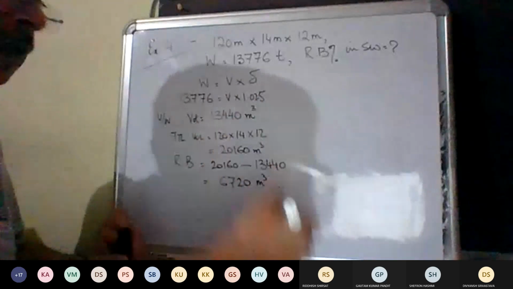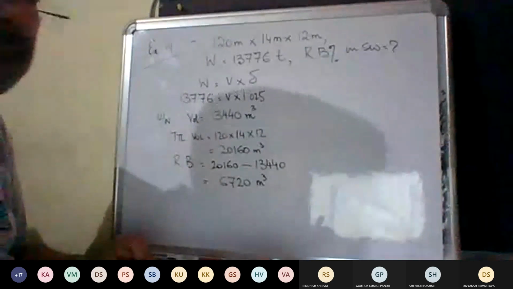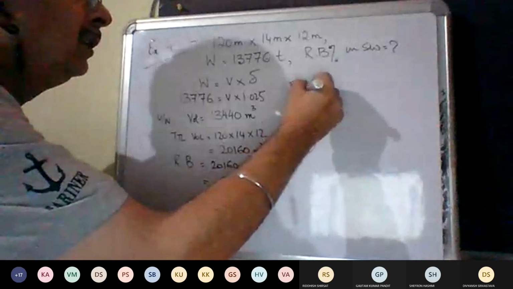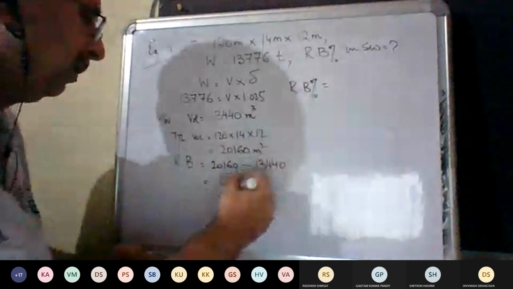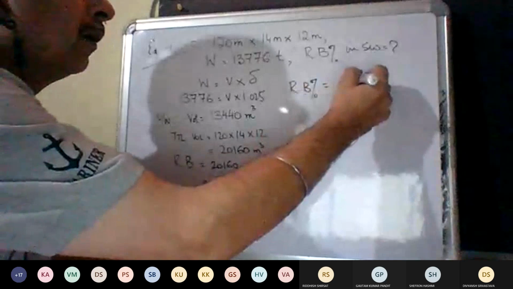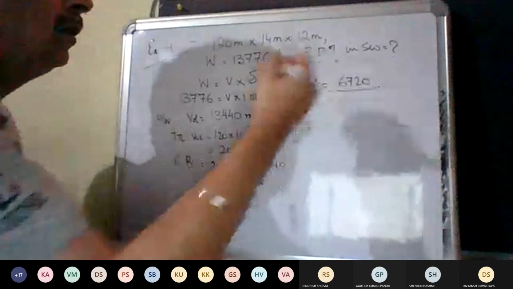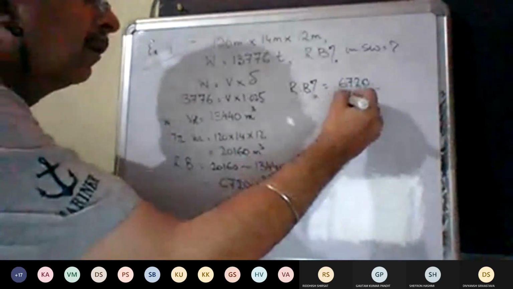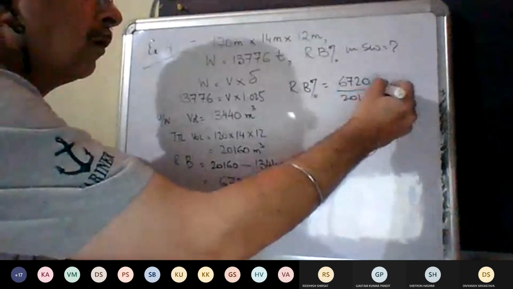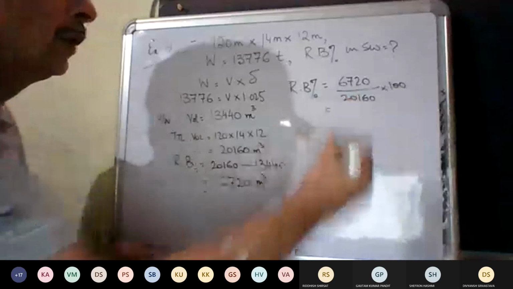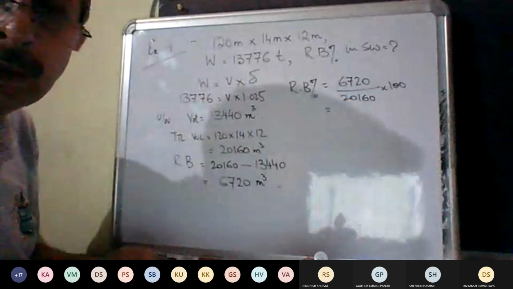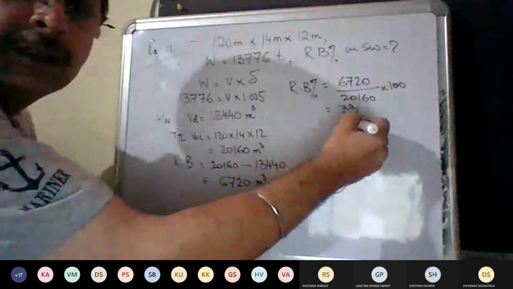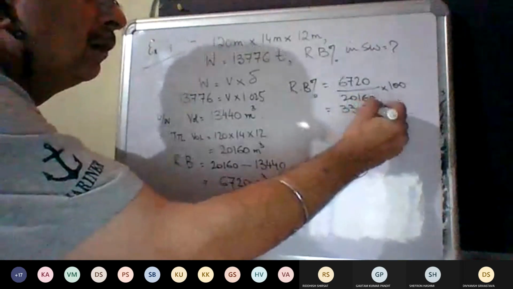But I know it is in percentage, so reserve buoyancy in percentage will be this divided by the total volume. That is 33.333 percent.